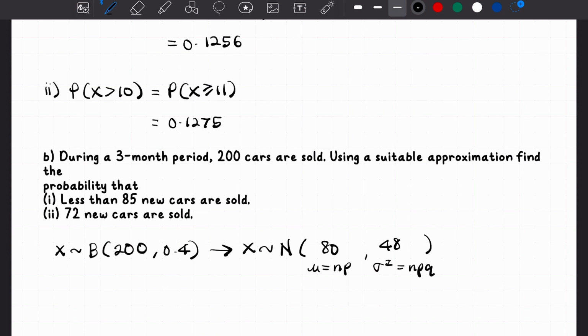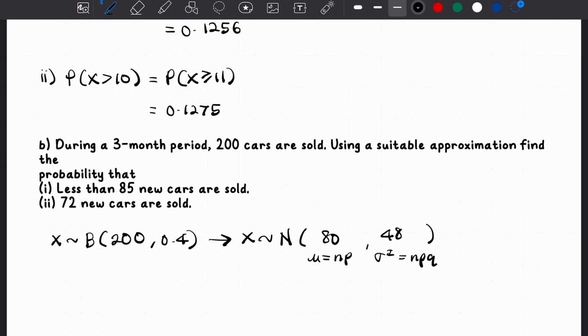So that is for the variance. Now let us find the probability. Probability X is less than 85 new cars are sold, which means we do the continuity correction, where we are not going to include 85 because the symbol here is less than. So we do X is less than 84.5.